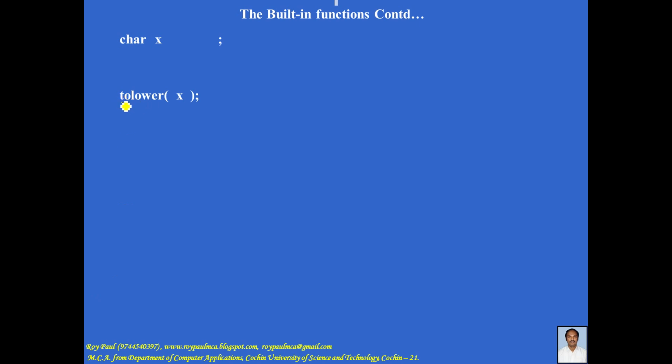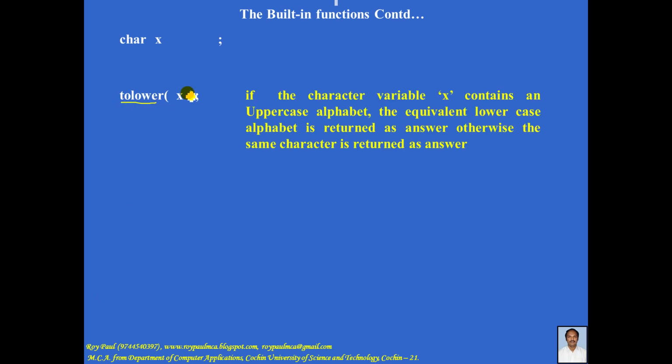Now the next one, tolower. What the function does is, if this character variable contains an uppercase alphabet, the equivalent lowercase alphabet is returned as the answer, otherwise the same character is returned as the answer. Example, if x contains capital A, the equivalent lowercase alphabet small a is returned as the answer.